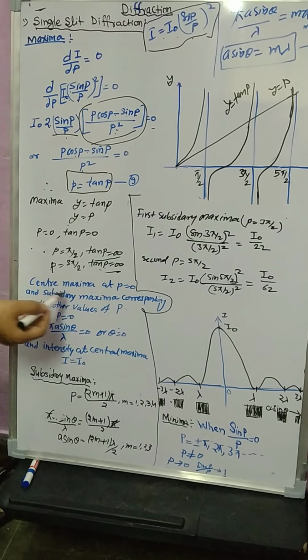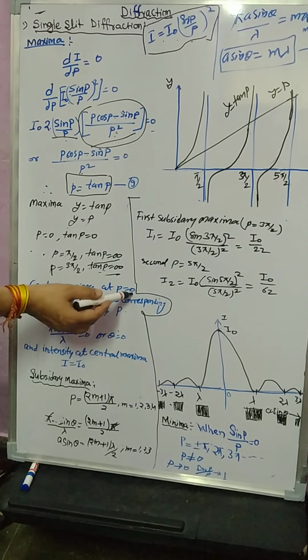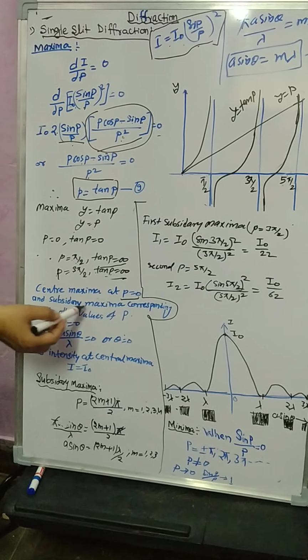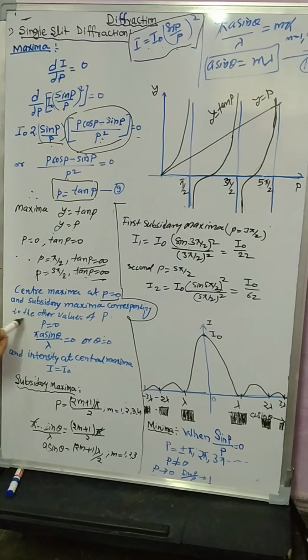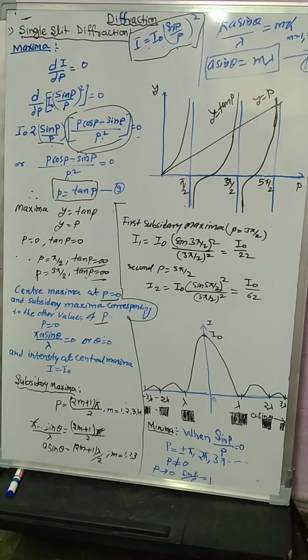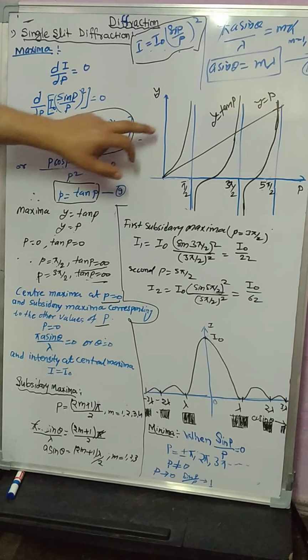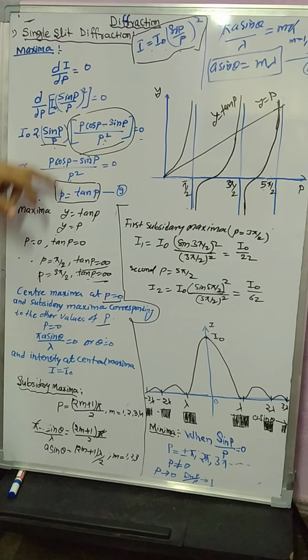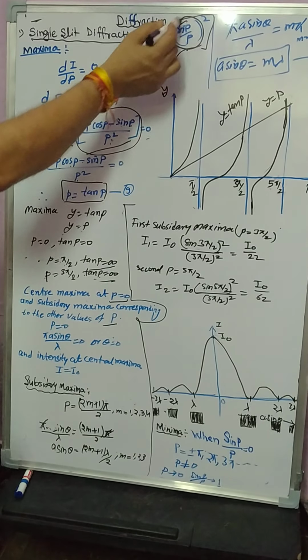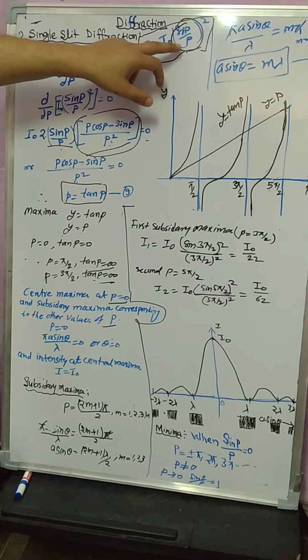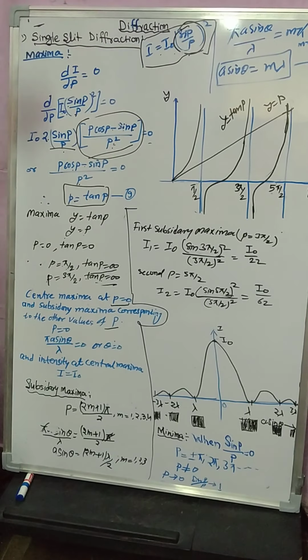The central maxima is at p equal to 0, and subsidiary maxima correspond to the other values of p. For the central maxima, as p tends to 0, sin p upon p equals 1, and 1 means maximum.